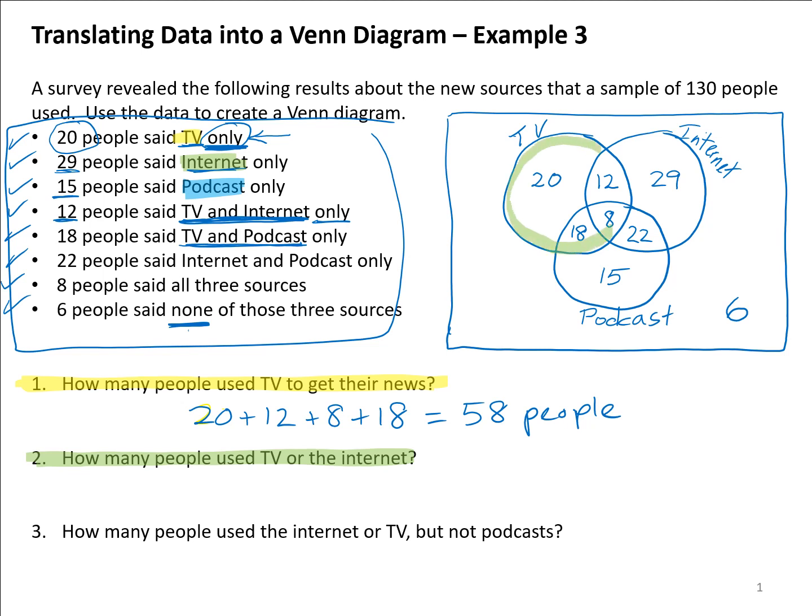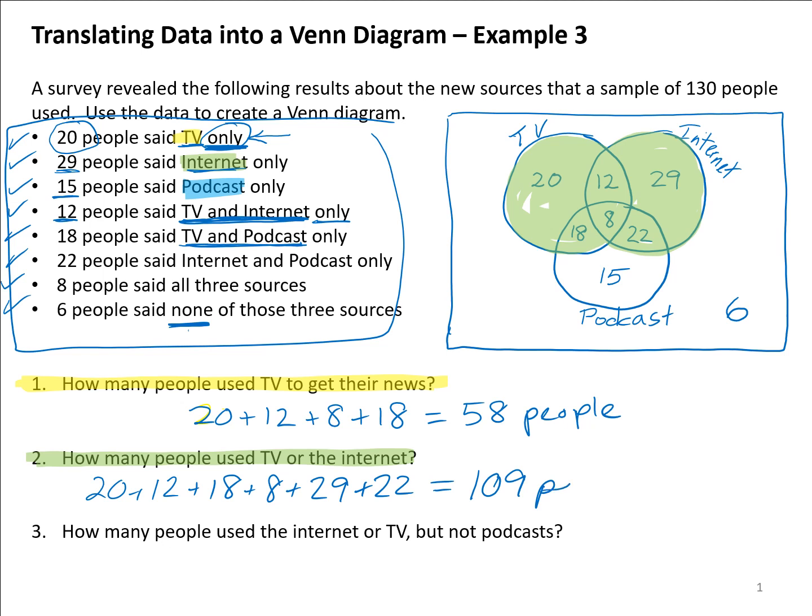So we would look at all of the TV circle and include all of the internet circle. So that would be one, the other, or both. Or, in mathematics, is an inclusive operation. So we would say 20 plus 12 plus 18 plus 8 plus 29 plus 22. Make sure you have all of the 6 numbers involved there. And add them up, and that would be 109 people.